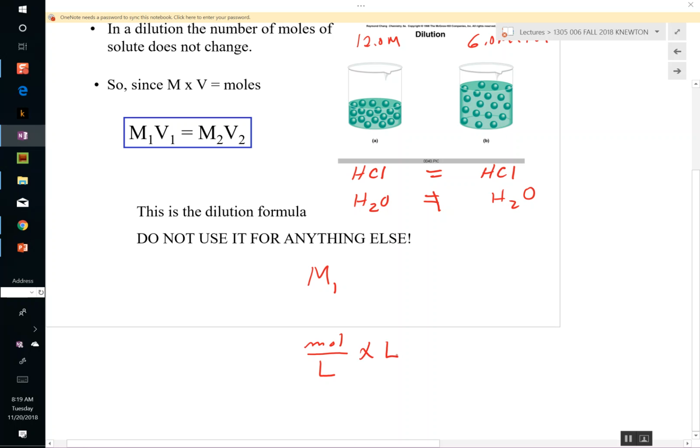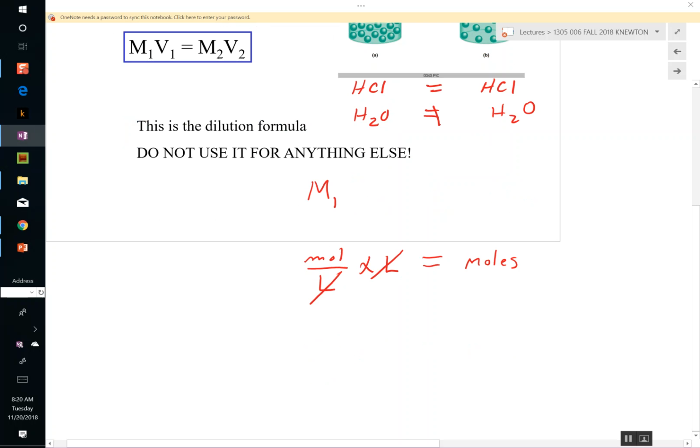Moles per liter times liters equals moles. Liters cross out. So this presents you with a very helpful little equation: molarity times volume in liters equals moles.